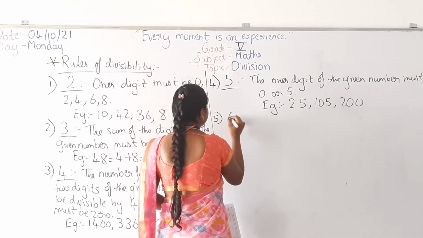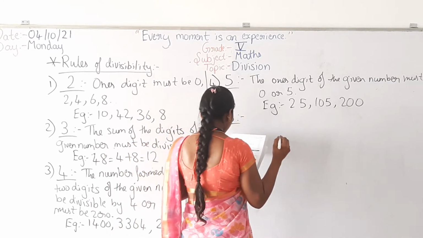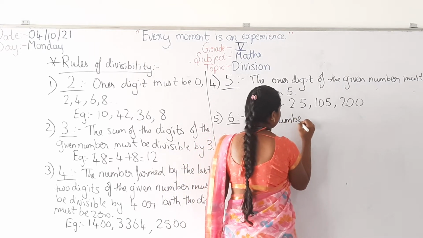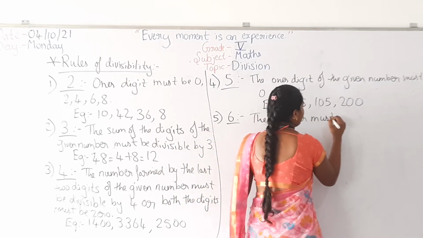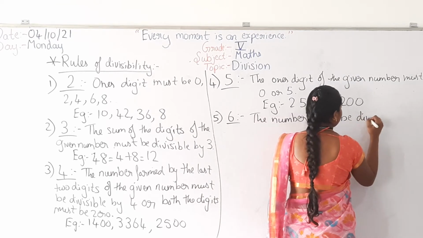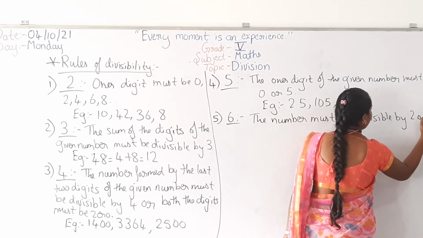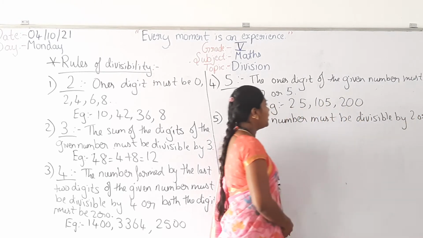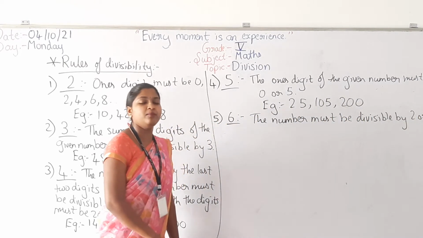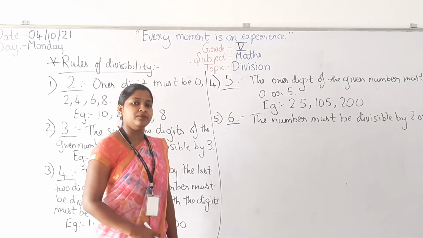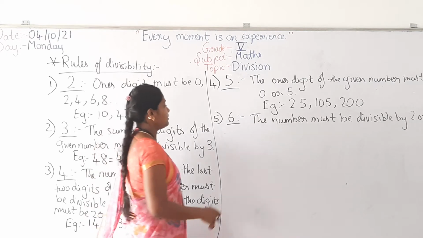Then next is 6. The number must be divisible by 2 or 3. Yes, if the given number is divisible by 2 or 3, that means the given number is divisible by 6.